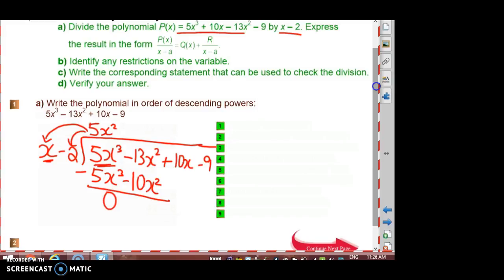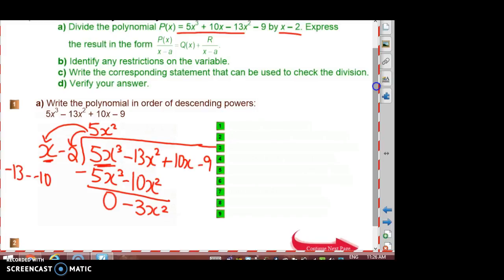Okay, now we're going minus 13x squared, subtract a negative 10x squared. Okay, so there is a double negative right here. So it's actually a minus 13 plus 10. So you'll get a minus 3x squared. Okay, because we're subtracting down, so we're actually going minus 13 minus a minus 10.